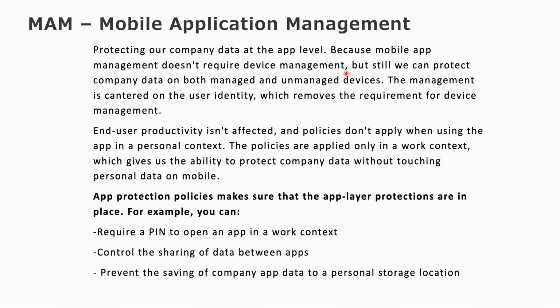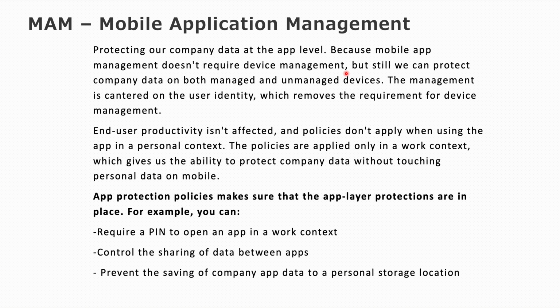Hope you understand. So end user productivity isn't affected, and the policies don't apply when using the app in a personal context. The policies are applied only in a work context, which gives us the ability to protect company data without touching personal data on mobile. The app protection policy makes sure that app layer protection is in place.